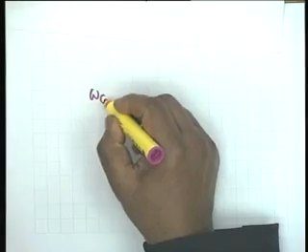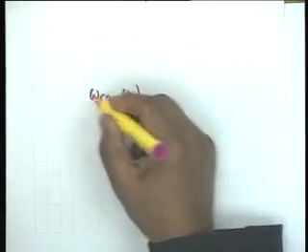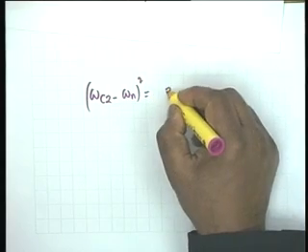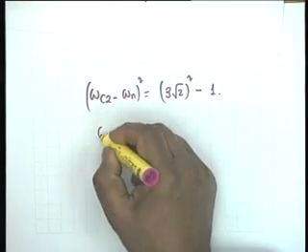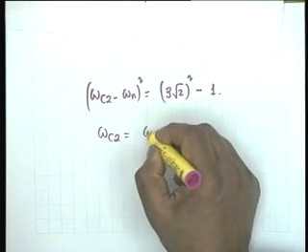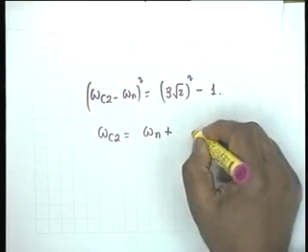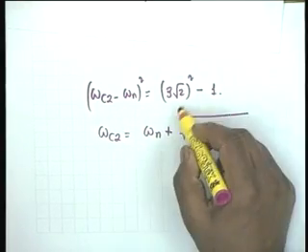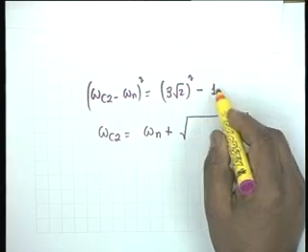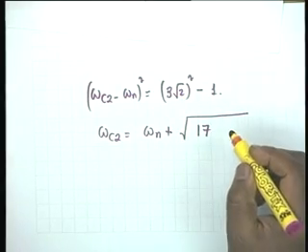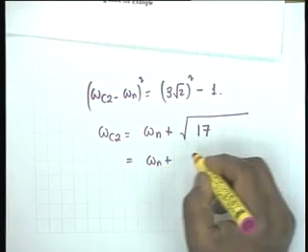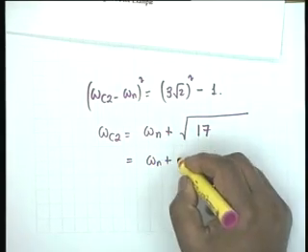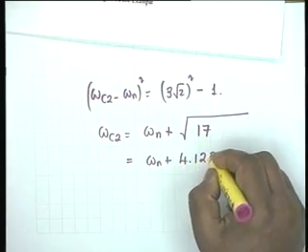(omega C2 minus omega n) whole squared would be equal to (3 root 2) squared minus 1, and therefore omega C2 is equal to omega n plus square root of how much is this? 18 minus 17. Okay. So, this is equal to omega n plus square root of 17, which is 4.123.